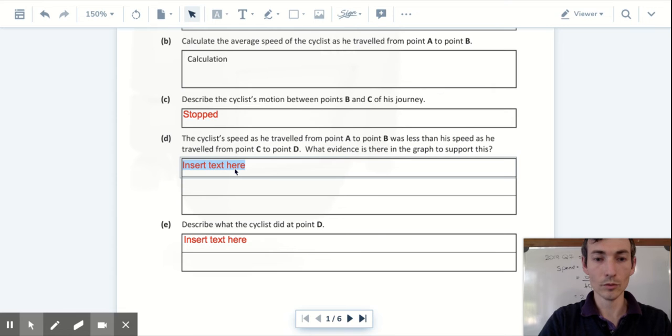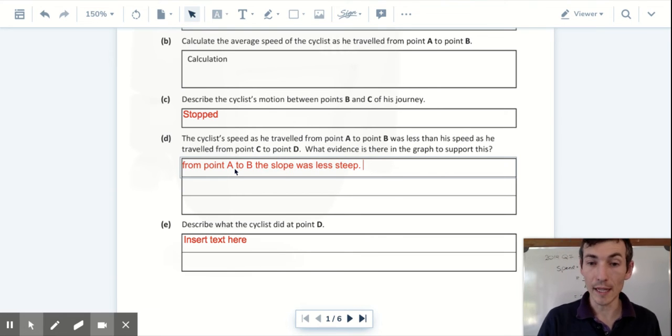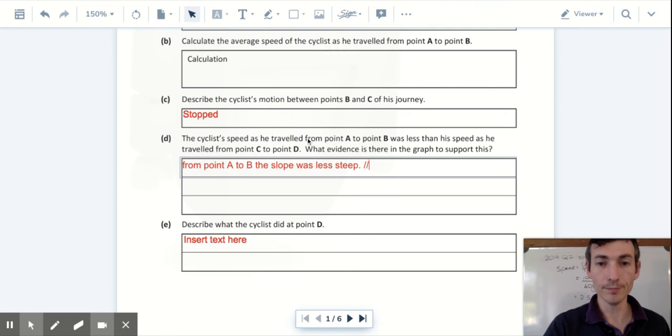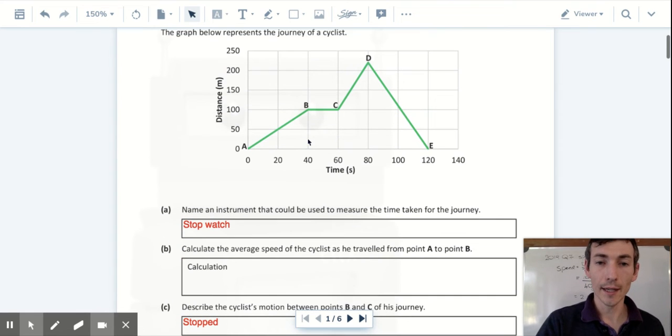So from point A to B, the slope was less steep. That's one way to answer it. There is another way to answer it, and we can also see it if we look at the numbers on our graph.